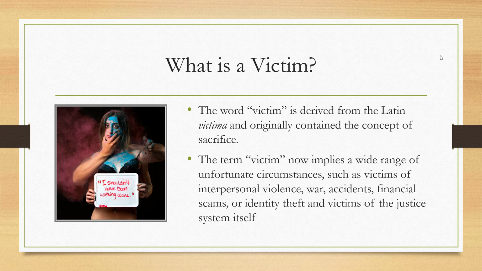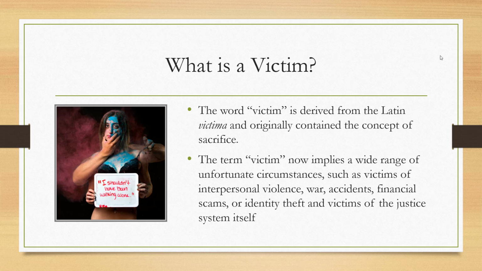But over time, that term has become more inclusive, and now it implies a wide range of unfortunate situations where people are put at a disadvantage because of something, right? It typically involves one party wronging another party, and that wronging being either deviant or criminal, okay?